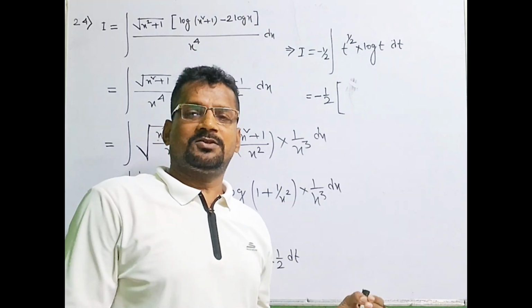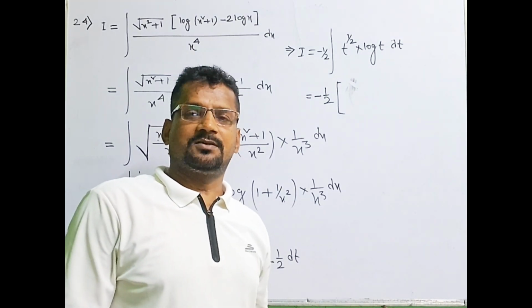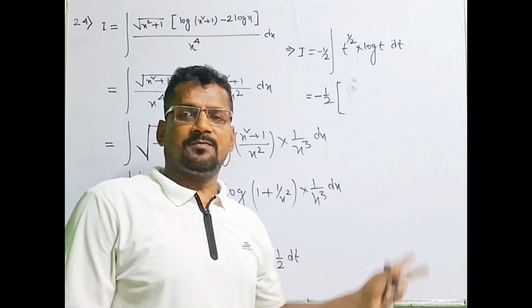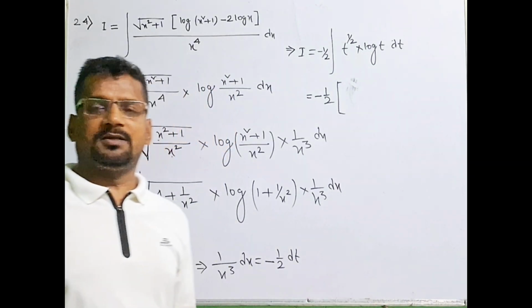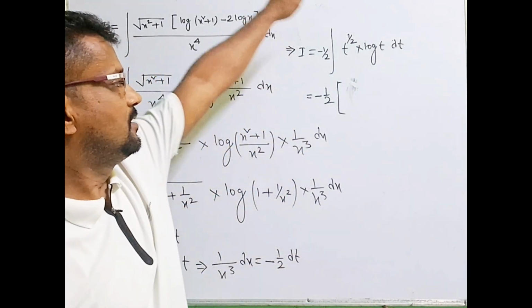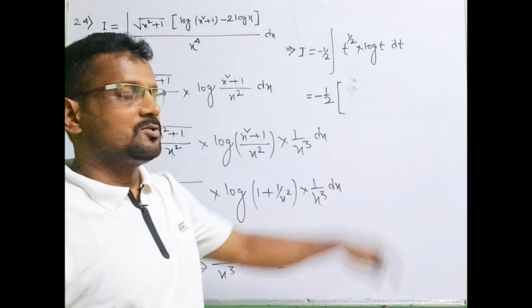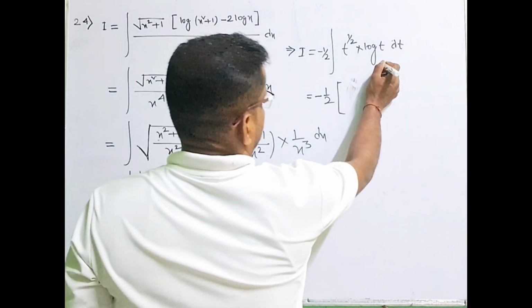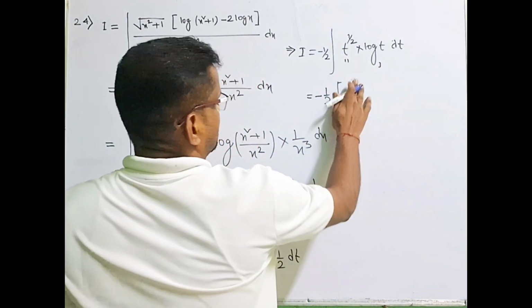So which function should be taken as the first function? The trick is ILATE: I means inverse, L means logarithm, A means algebraic. So in that sequence, L is coming, logarithm comes at first. So it is your first function, and this is your second function.